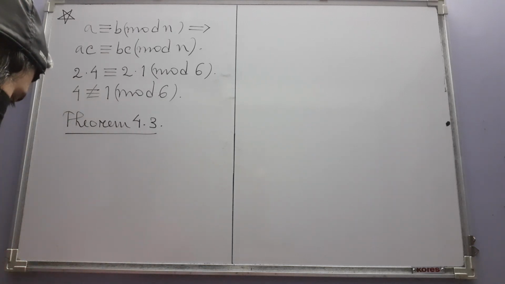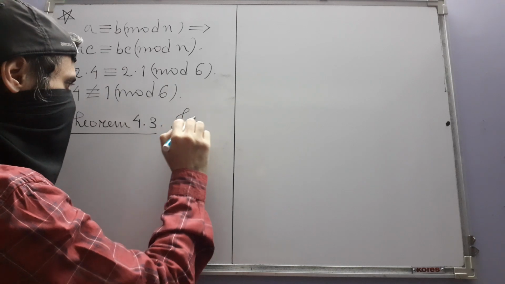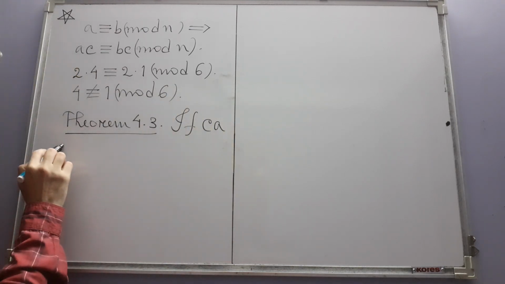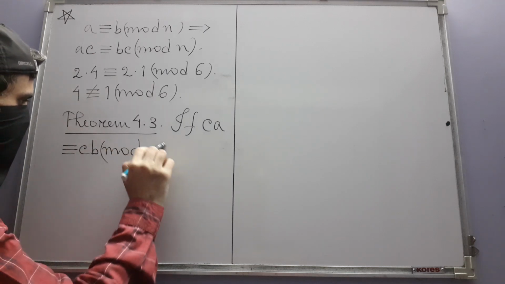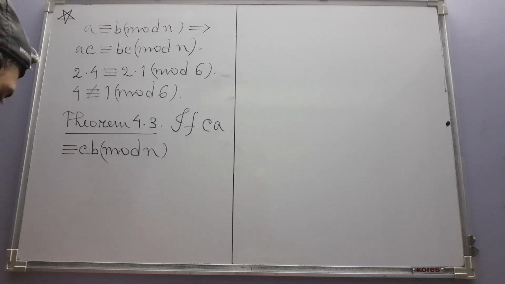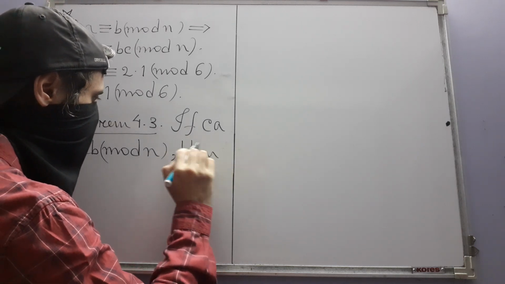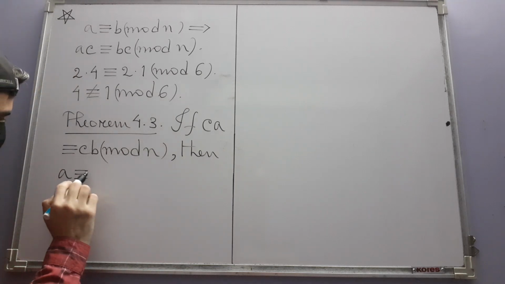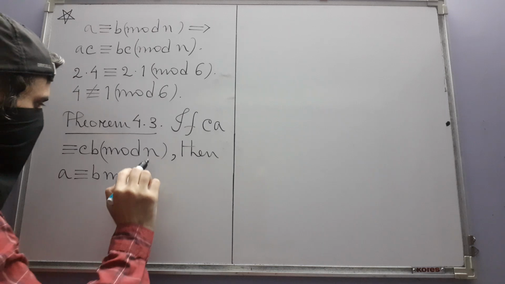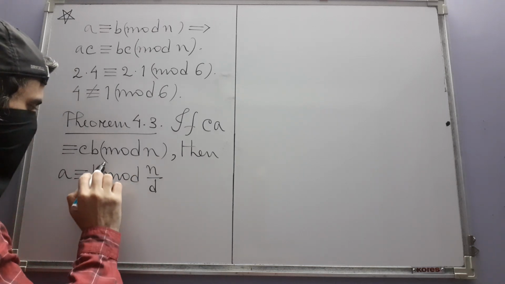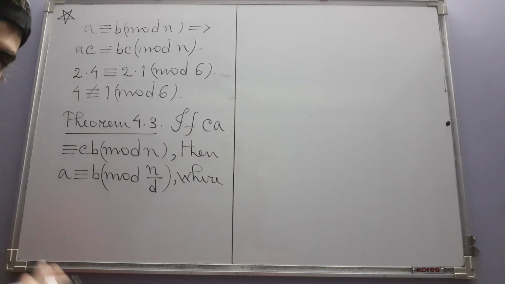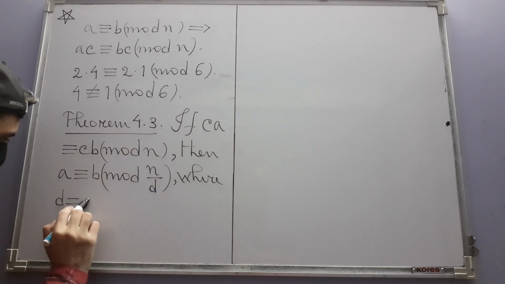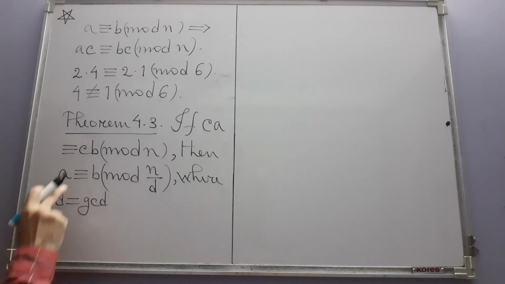Theorem 4.3. What it states is this: if ca is congruent to cb modulo n, then a is congruent to b mod n divided by d, where, so in this new congruence, the modulus itself has changed from n to n over d, where d is the greatest common divisor of c and n.